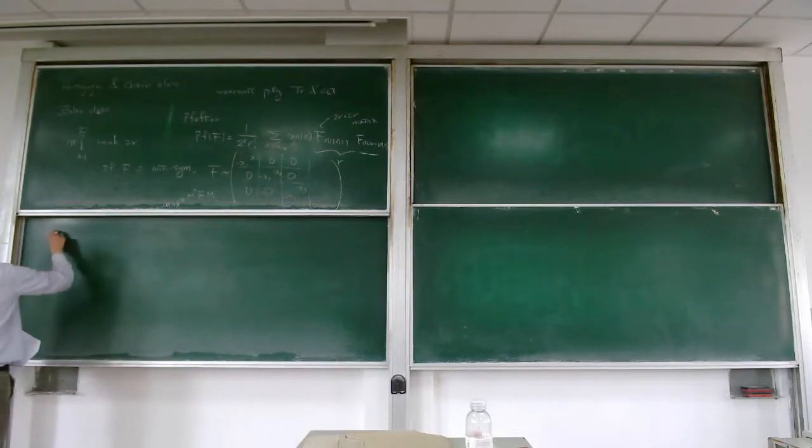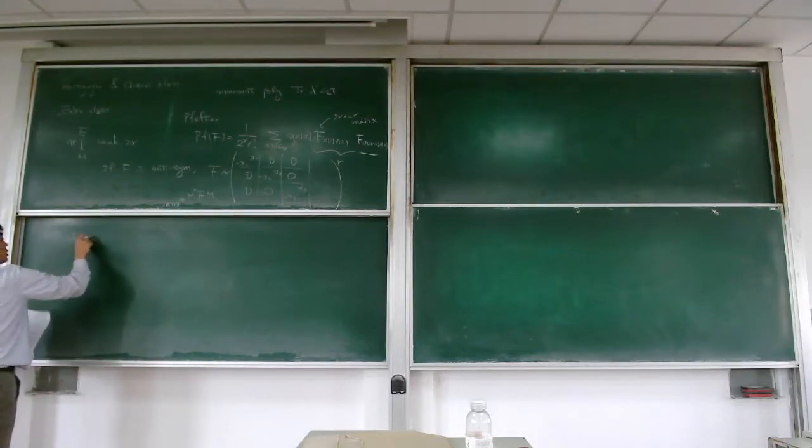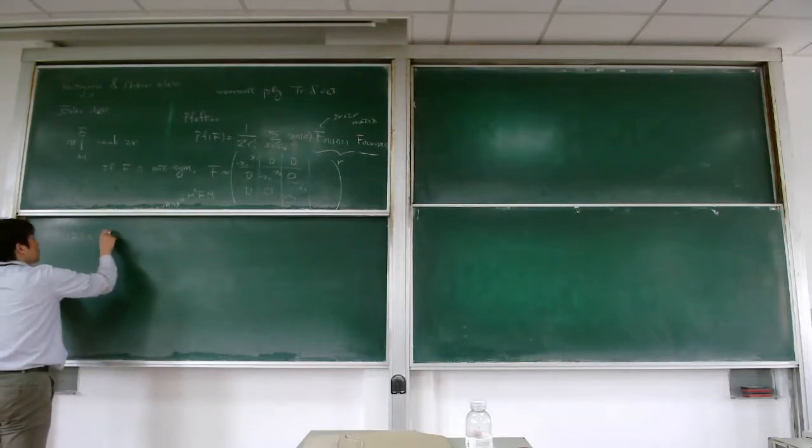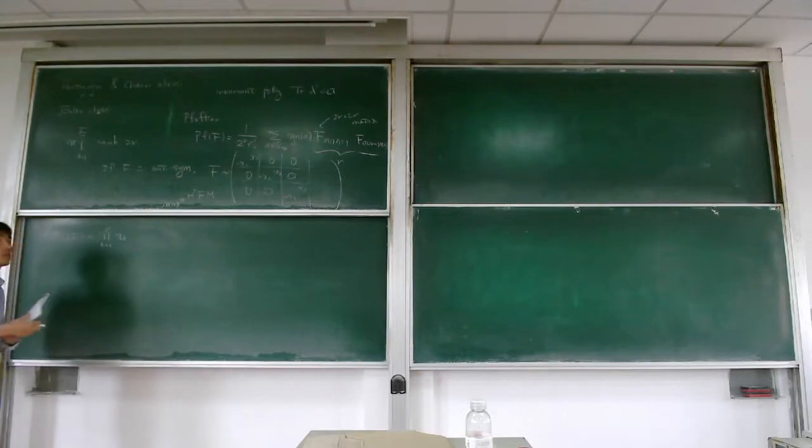Then the Pfaffian of F is just the product of the x_k. So this is the Pfaffian.